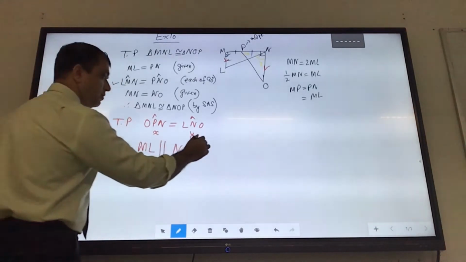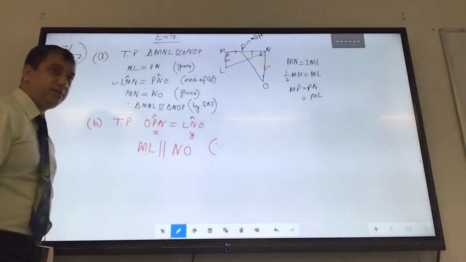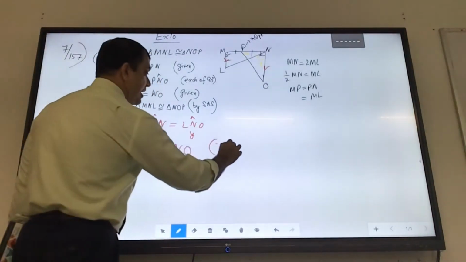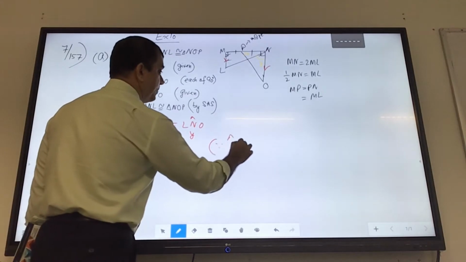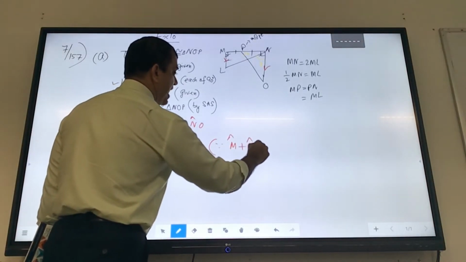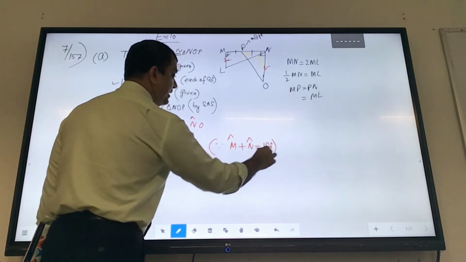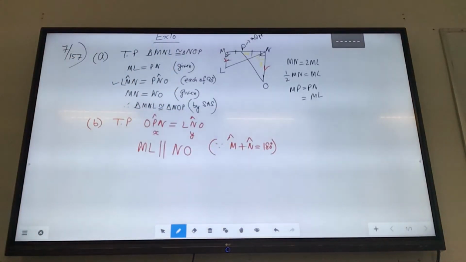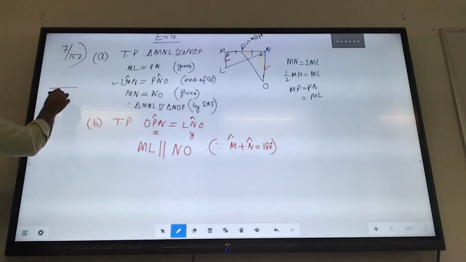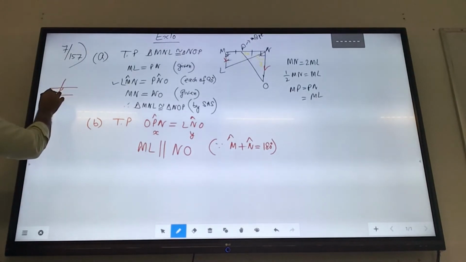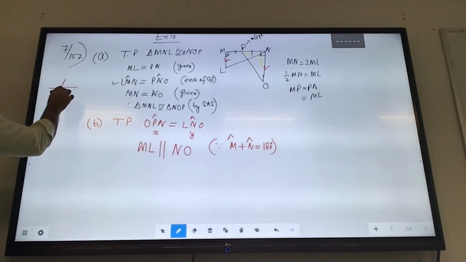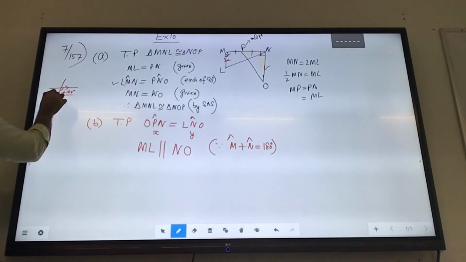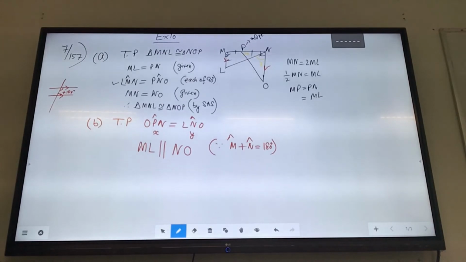I give the reason also. Because angle M plus angle N add up to 180, being each of 90 degrees. Whenever between two lines the interior angles add up to 180, those two lines must be parallel. Property of parallel lines. Clear? So now these two lines are parallel.